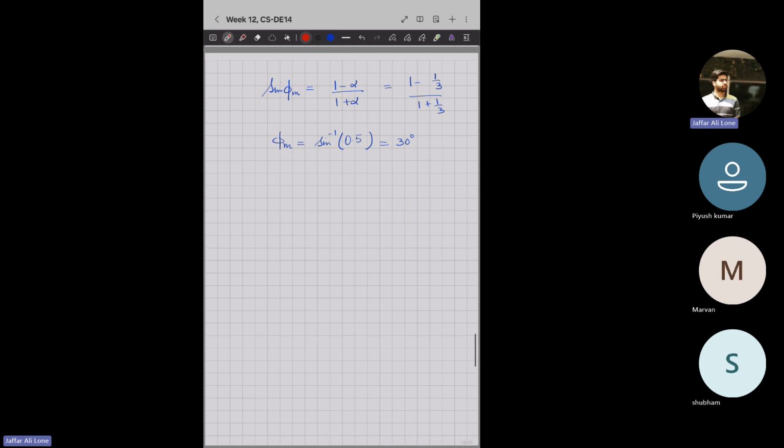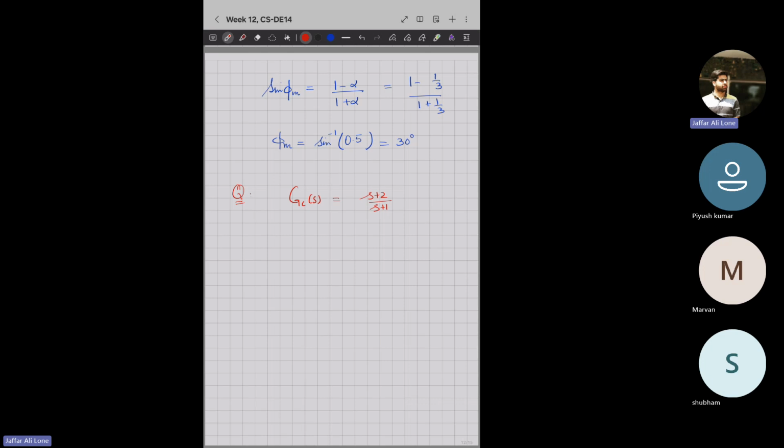Now one more question. GC of S is equal to S plus 2 over S plus 1. This is similar to the question we started with, but do it in this fashion.